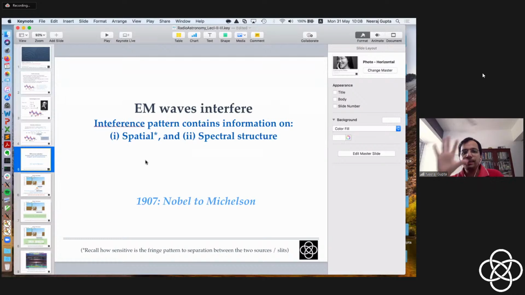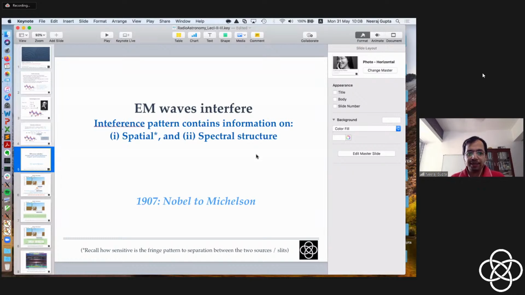And this interference pattern that we see contains information about the spatial structure of the source, and it also contains information about the spectral structure of the source, right? So if there are two spectral lines, it would contain information about that. In fact, Michelson used this technique to build a stellar interferometer, which he used to measure sizes of stars.